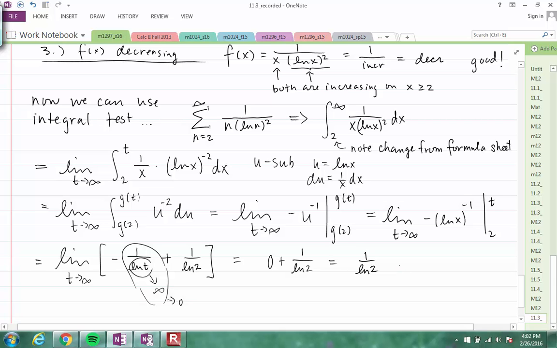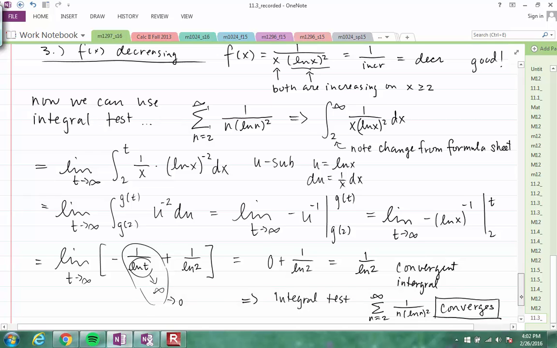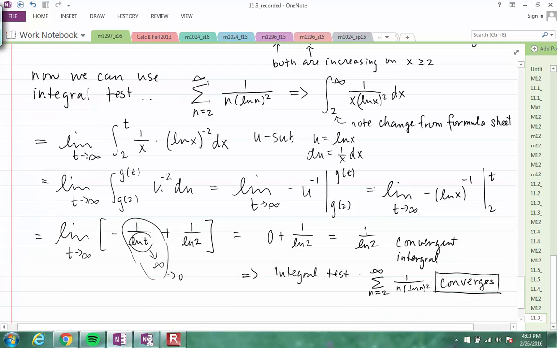What we determined is that the integral is convergent, and by the integral test, our series from n equals 2 to infinity of 1 over n times ln n squared also converges. By the integral test, which I wrote right there, so I'm not going to rewrite it.